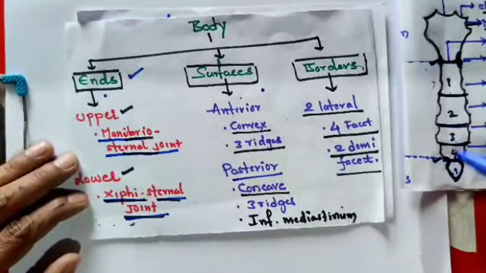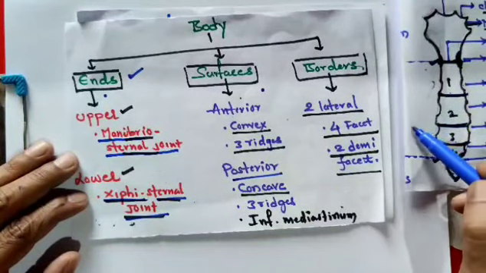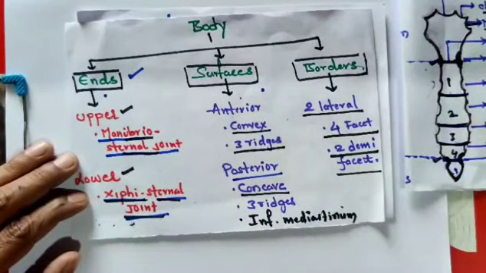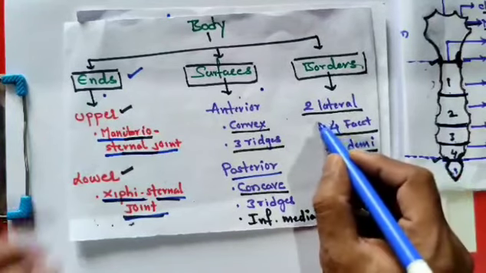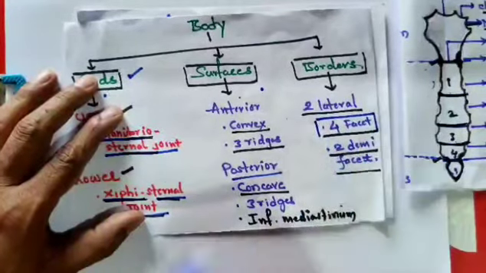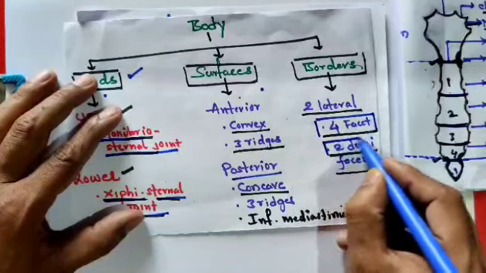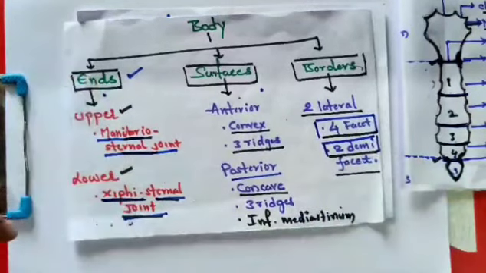Next we are going to discuss the borders. The borders are only two in number. One is the right lateral border, another one is the left lateral border. The lateral borders present four complete articular facets and two demi-articular facets.